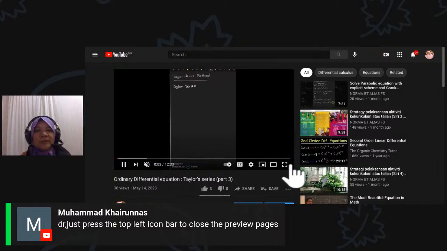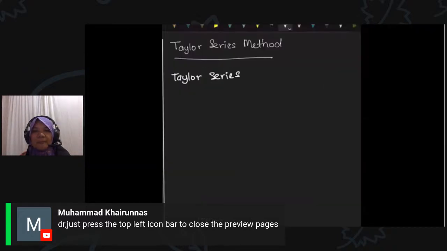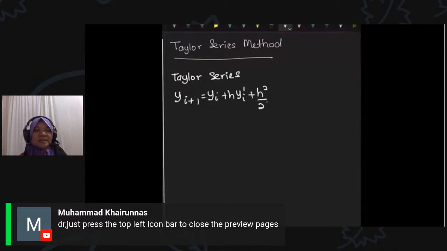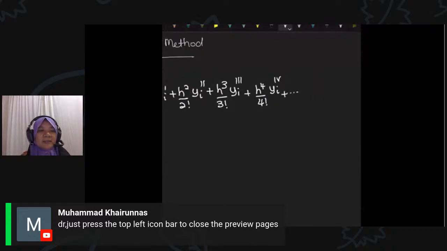Let's go to the Taylor series equation, to show the Taylor series. I hope I can make it smaller here. So this is the Taylor series that I told you: y i plus 1 equals y i plus h y i prime plus h squared divided by 2 factorial y i prime prime, and then plus h power 3 divided by 3 factorial.